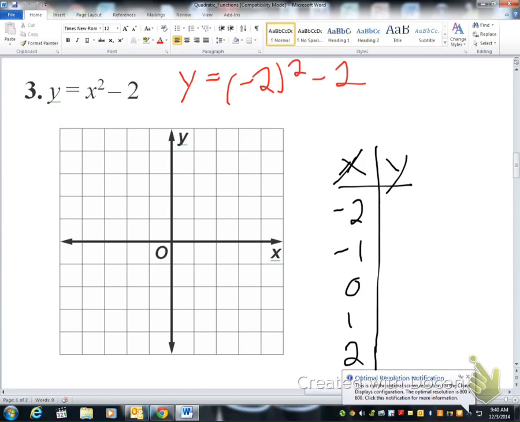Everyone see where I got that from? Just plugging into an equation. We took our first x value, replaced x with it. So y equals -2 squared, which is 4, minus 2 is 2. So this is 2, and this one will also be 2.